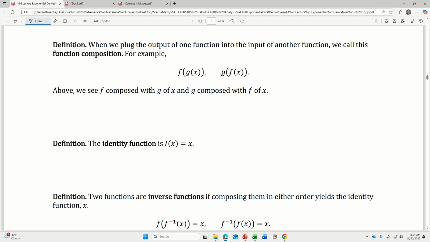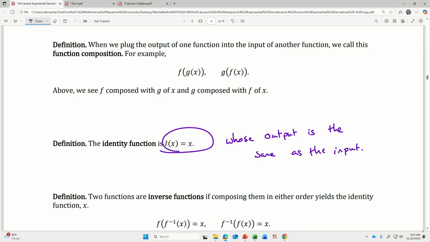If I say the word identity function, I'm talking about a function whose output is the same as the input. In other words, the identity function is just the identity of whatever you're plugging in.